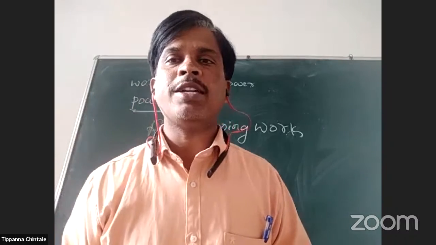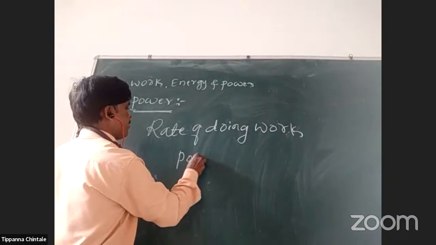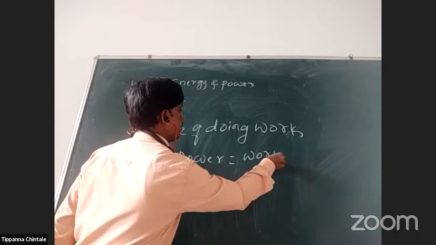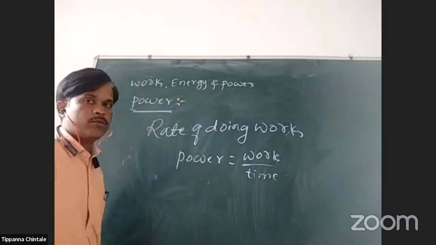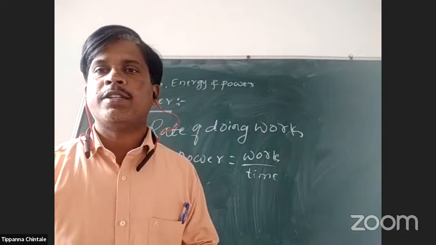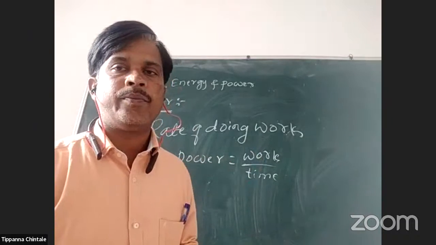Now, how do you represent this mathematically? Power is equal to work divided by time. Mathematically, this power is represented as power is equal to work divided by time.